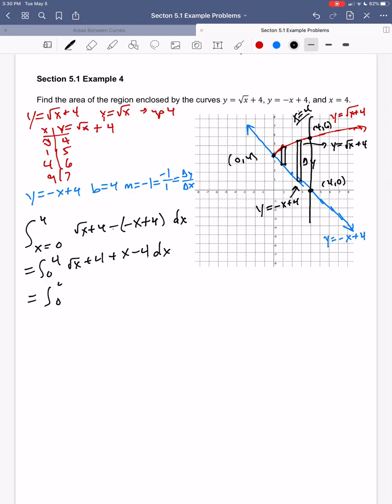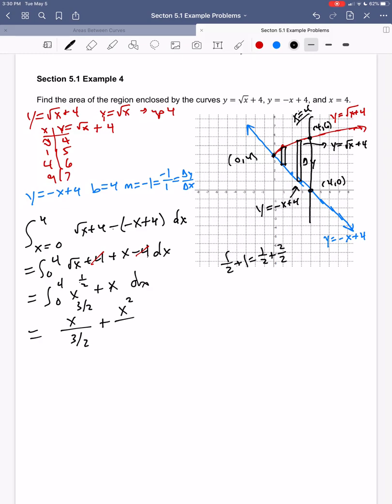So square root of x is x to the 1/2. The 4's here cancel out. So I'm going to have to take 1/2 plus 1. So that's going to give me 3/2. Then I'm going to have to divide by 3/2.